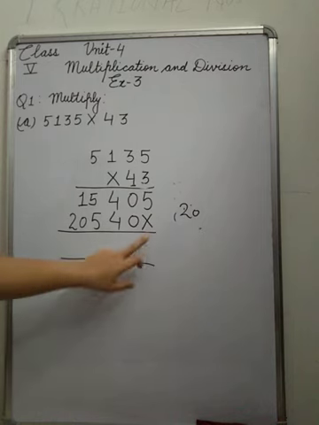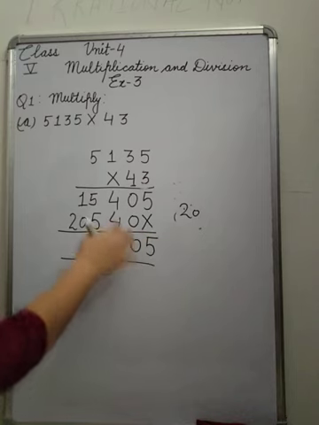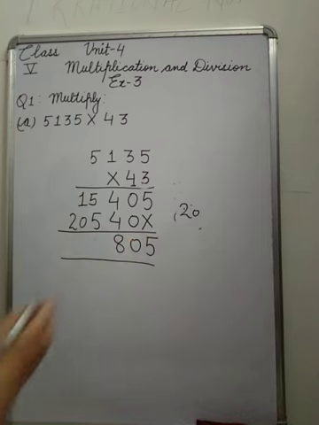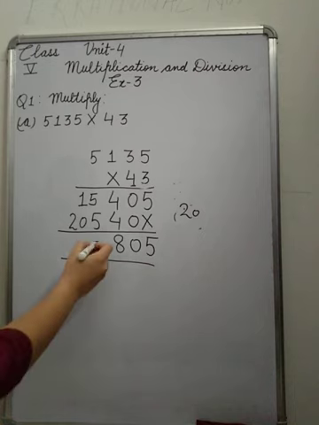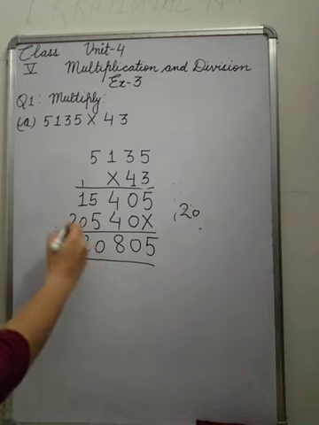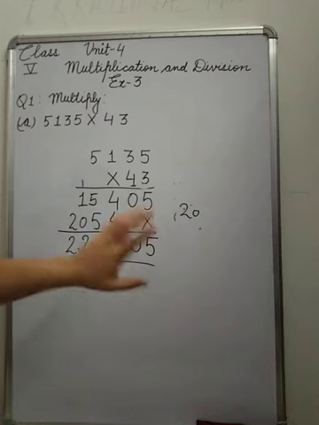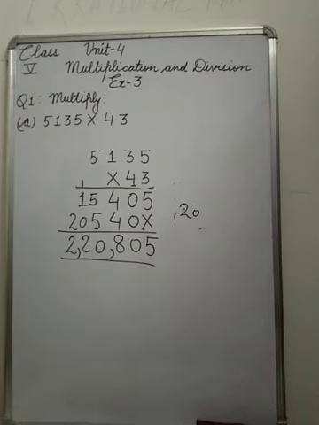What did you get? 5. 0 plus 0 is 0. 4 plus 4 is 8. 5 plus 5 is 10, 0 here, 1 carried. 1 plus 1 is 2. So the answer is 2,20,805.